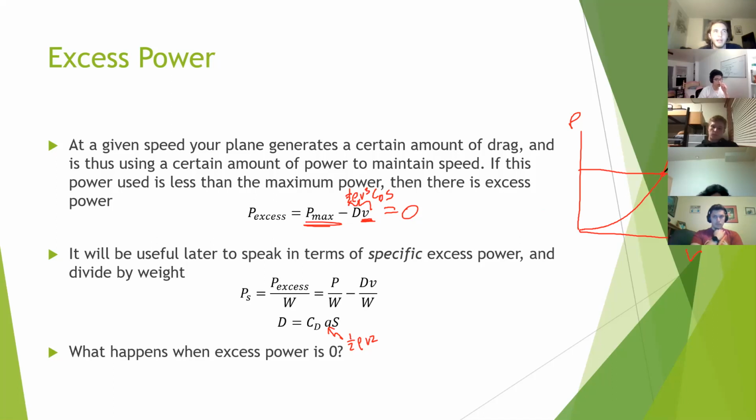And so you're going to fly right here, right? You're going to fly where your aircraft is taking as much power as it can get. And that's the speed that you're going to go. If you set a power, you can calculate a speed as long as you already have a wing area and you assume a parasitic drag coefficient.